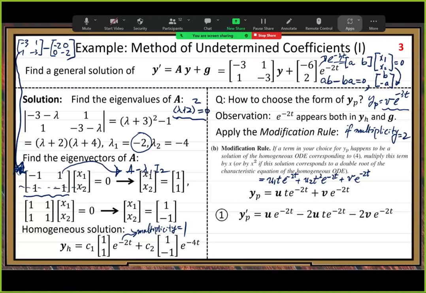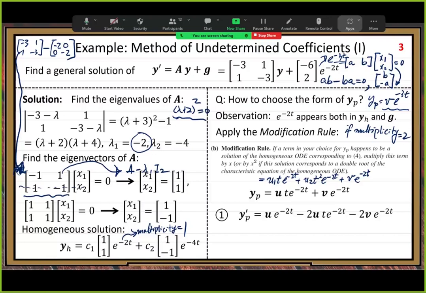Now, let's take the derivative of yp in two different ways. First way, we take the derivative directly, but we need to apply, sorry, not chain rule, product rule. T times the e function, we apply the product rule.